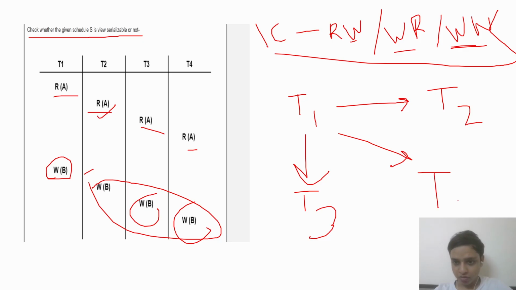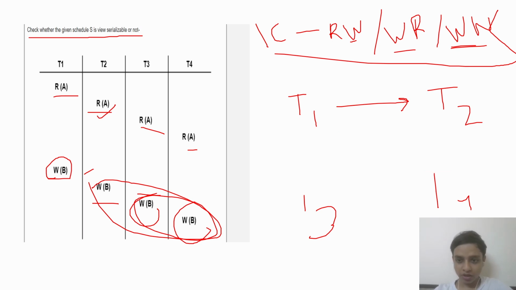Now for T2, there are two transactions which make WW conflicts. So T2 goes to T3. Let me make this graph neatly so that you can understand, because this becomes so messy.